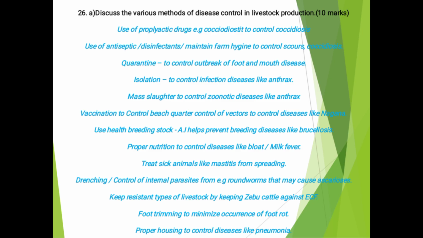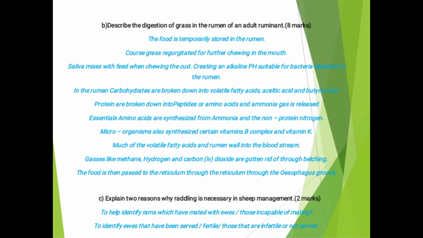Resistant types of livestock are kept. For example, zebu cattle are resistant to East Coast fever. And then foot trimming is done to minimize occurrence of foot rot. We have already discussed that. Then proper housing is done so as to control diseases like pneumonia, which is caused by draught.